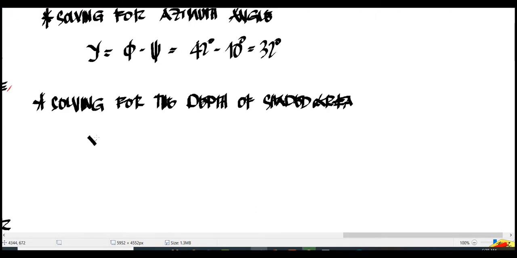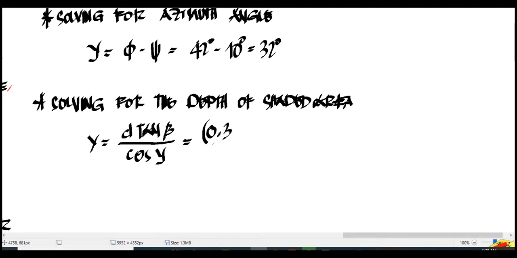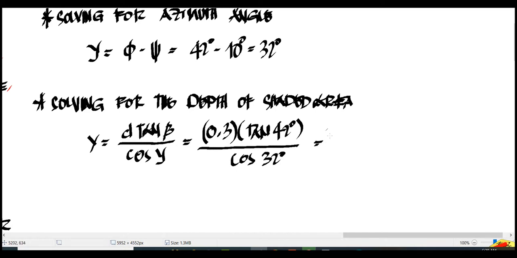Now solving for the depth of the shaded area, we have the equation y = d times the tangent of the altitude angle divided by the cosine of the azimuth angle. Substituting the values, we have 0.3 times the tangent of 42 degrees divided by the cosine of 32 degrees. Then we have the value of 0.32 meters.